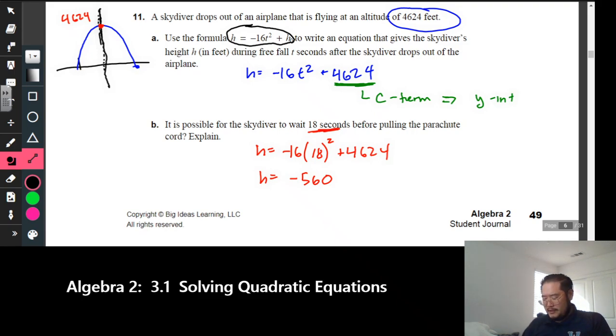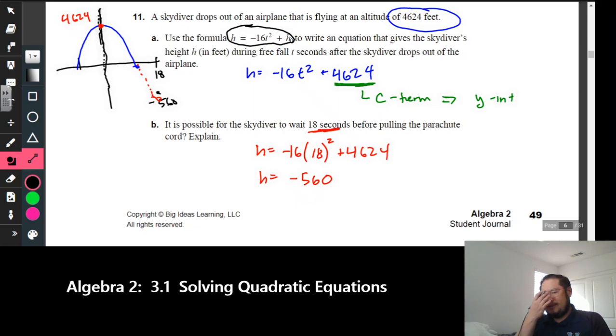So let's use some common sense right here. Hopefully we realize that the x-axis is the ground. It's saying that at 18 seconds, so most likely somewhere over here, this is where x is 18, the person's down here at negative 560. That's no bueno. Hopefully that means that this person is most likely either severely injured or possibly dead.